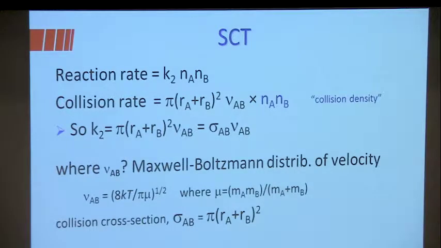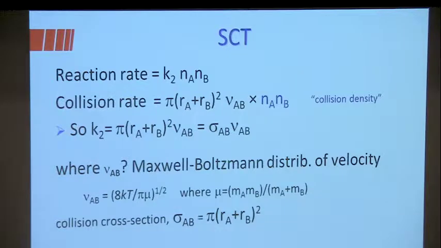Okay, so where do we get nu AB from? Well, it comes from the Maxwell-Boltzmann distribution of velocity. Nu AB, the collision rate of A with B, is equal to the square root of 8kT over pi mu. Okay, this is on a molecular level.